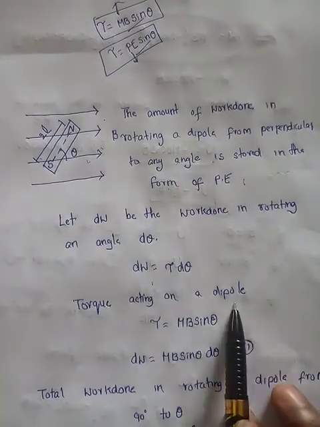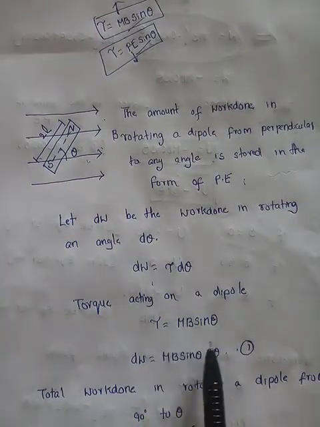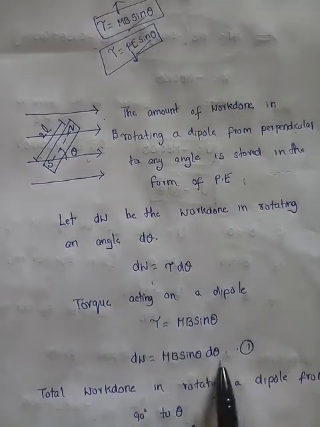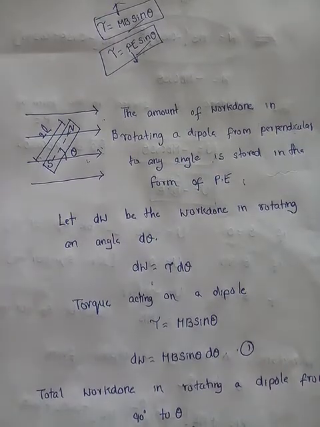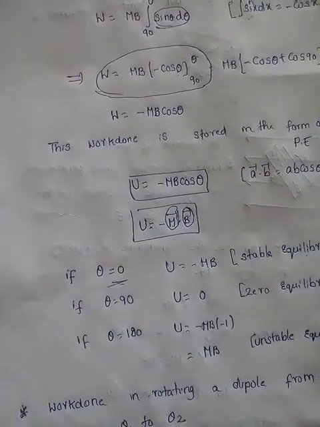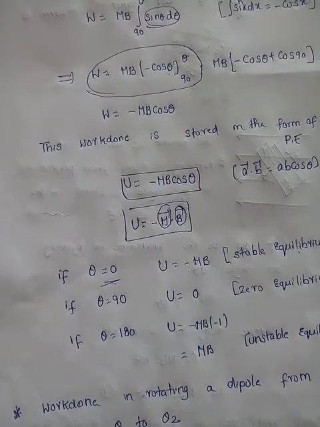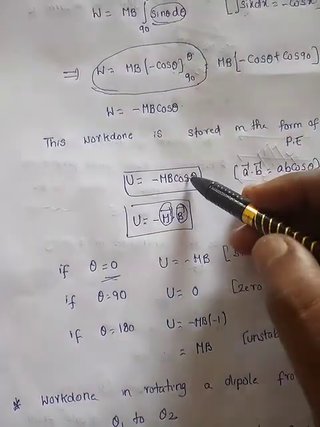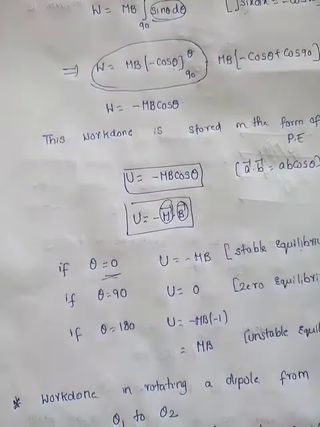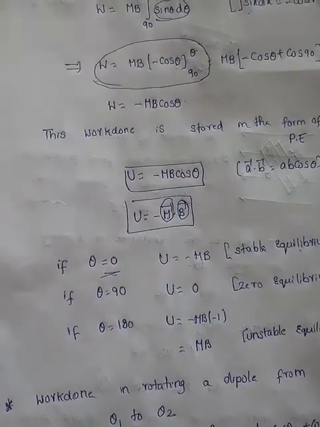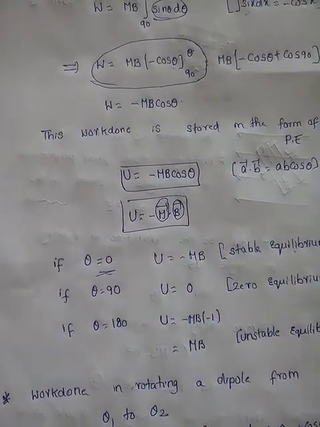What is the torque on a dipole? Tau equals mB sin theta. So, dW equals mB sin theta into d theta. Total work done in rotating the dipole from 90 to theta, applying the limits, on integration we got W equals minus mB cos theta. This work done is stored in the form of potential energy. So, what is the formula? U equals minus m vector dot B vector.